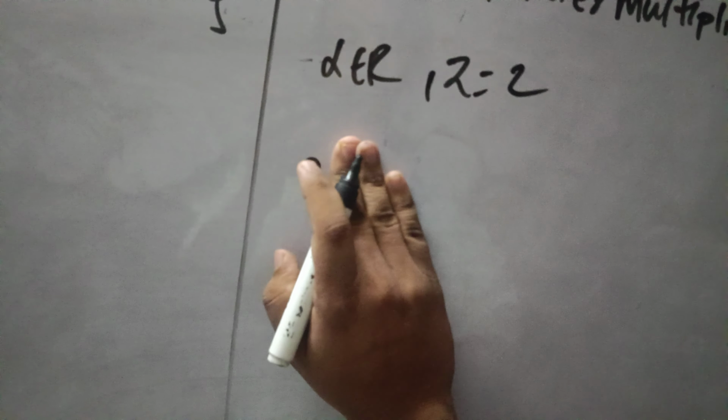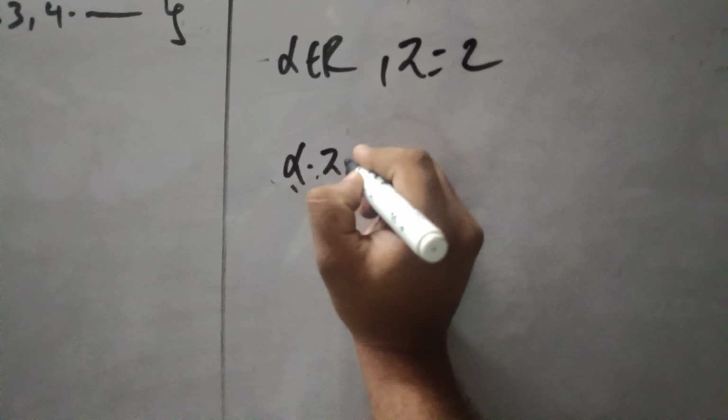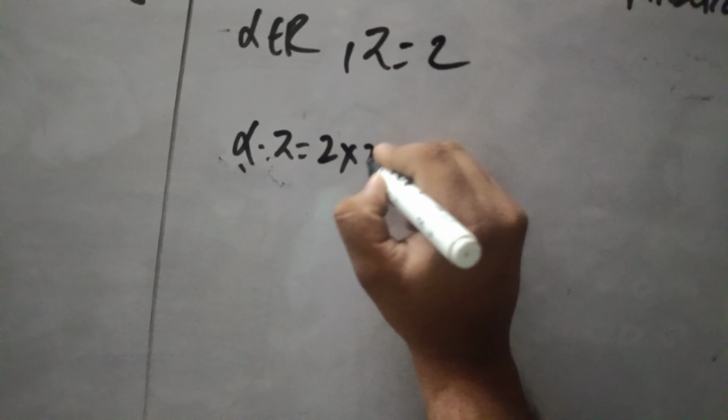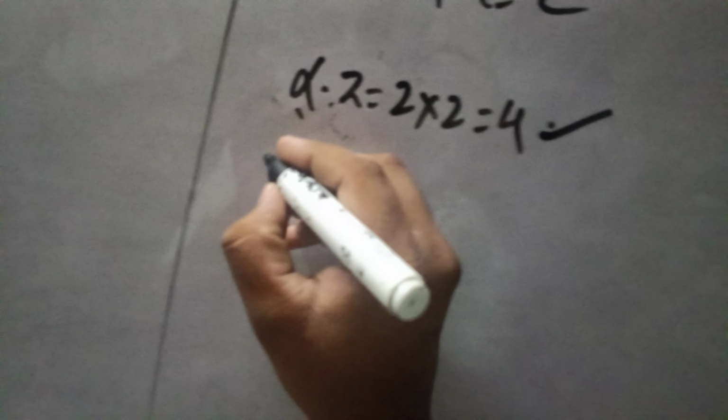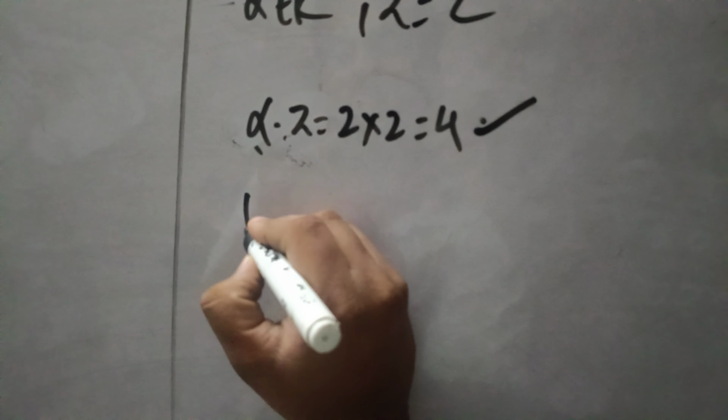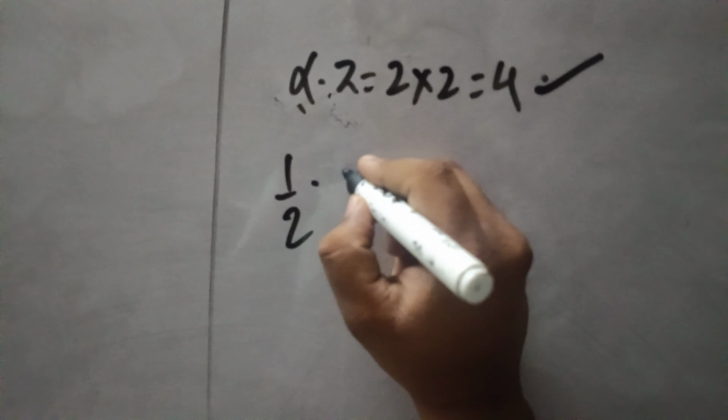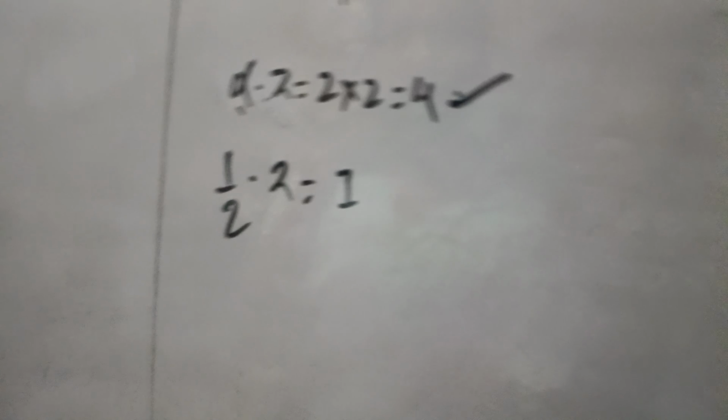When you multiply alpha with z, you will get 2 times 2, that is 4. Is this an integer? Yes, it is. Let us take another example wherein we take alpha as 1 by 2 and z as 2. It will be 1. It is still fine, it is indeed an integer.